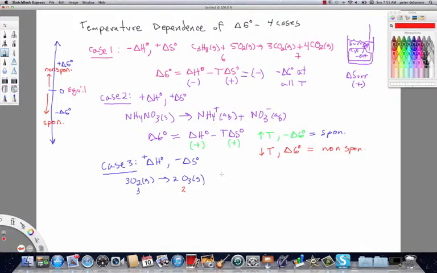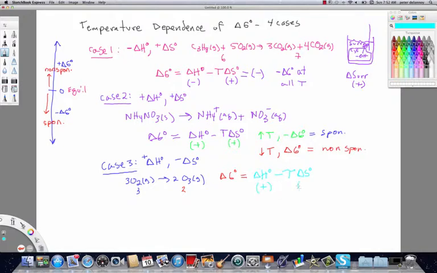So if we look at our formula, our equation, delta G naught is equal to delta H naught minus T delta S naught. All right, now we put in our signs, so this is endothermic, so there's the positive sign.